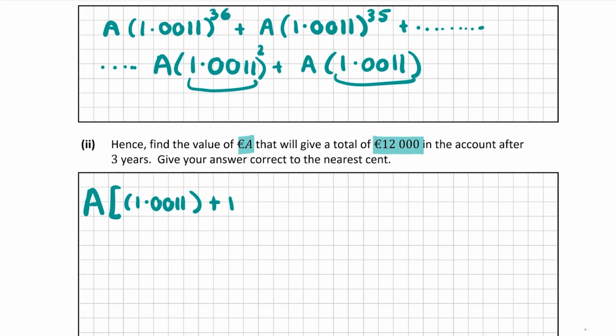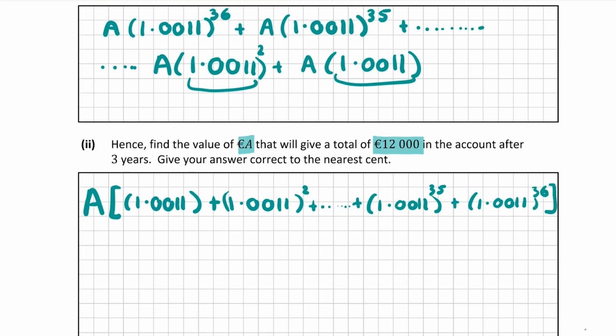So I have plus 1.0011 to the power of 2, all the way up plus 1.0011 to the power of 35 plus 1.0011 to the power of 36. And this is equal to 12,000. So, how are we going to work out A here? What we have to do is we have to work out what's inside the bracket.